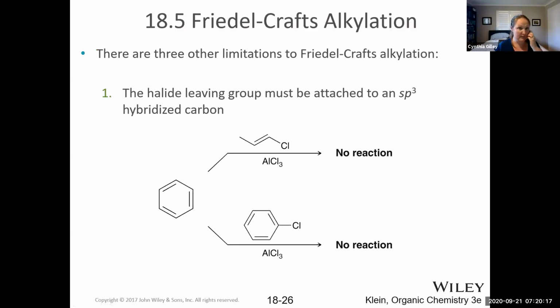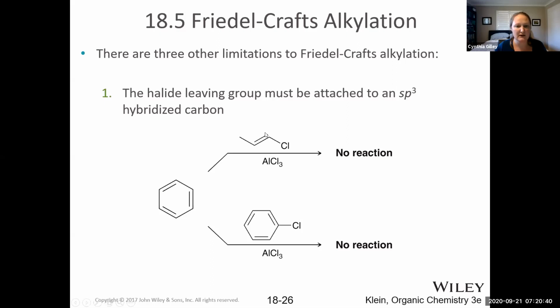So there are some limitations that you want to be aware of regarding the Friedel-Crafts alkylation reaction. Because we are either forming a carbocation or attacking the complex, which will involve an SN2 reaction, either way, we're essentially doing an SN1 or an SN2 reaction.